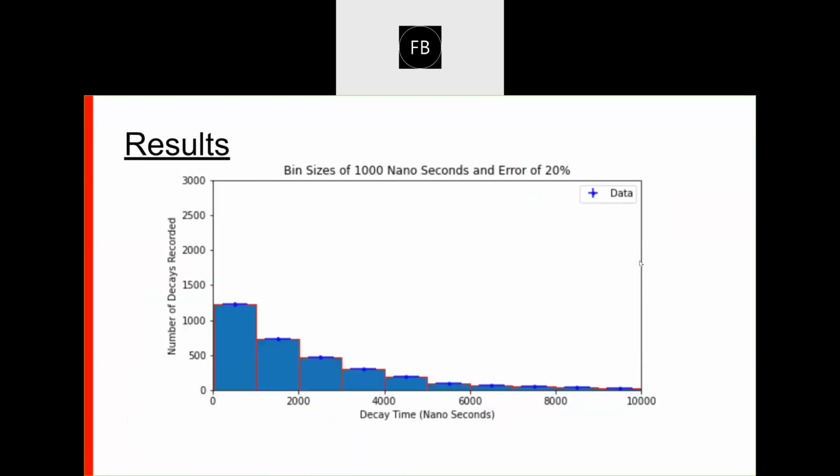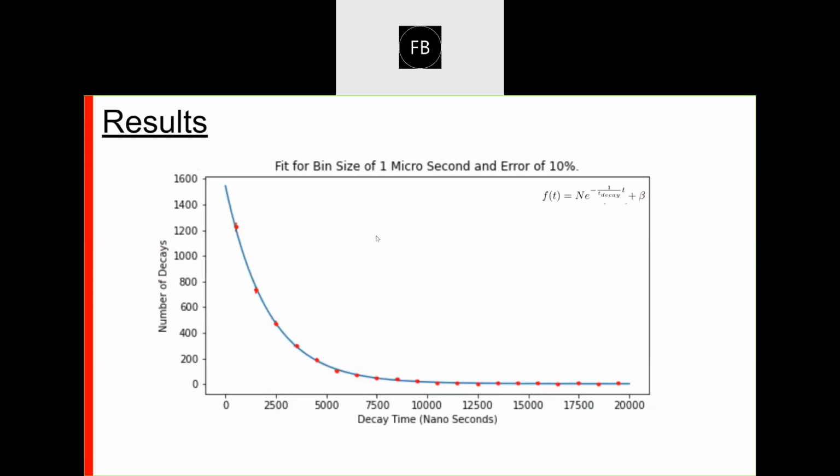So after running the experiment for 48 hours, we did a little analysis and we used the 9 permutations of bin size and error. This was one of our plots, just of the raw data in histogram form, and then our task was to fit it. Upon fitting, this is our best fit with a chi-square value of 1.04.